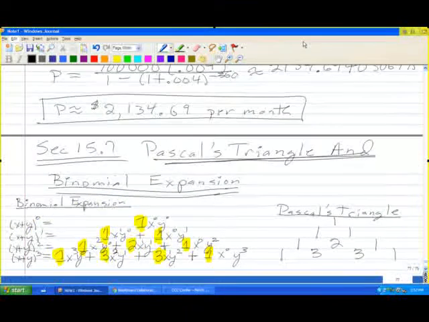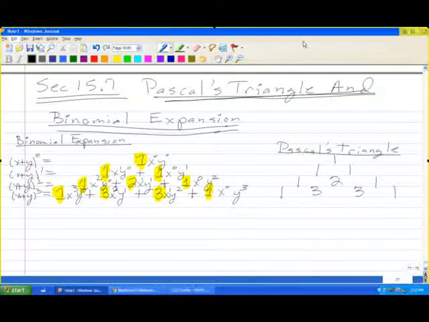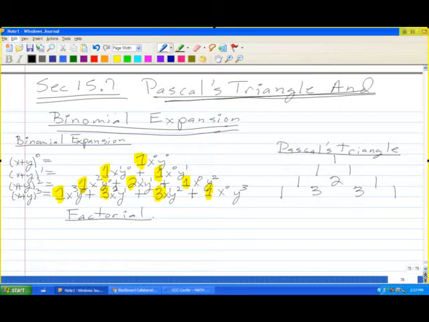So, let me give you some facts about Pascal's triangle. But before I do that, let me give you some notation, the factorial notation. The factorial is denoted by this exclamation point.